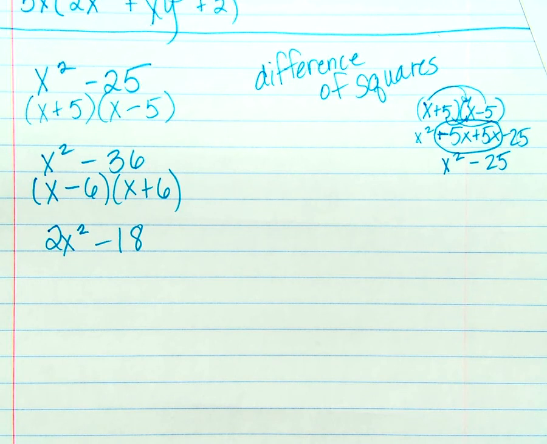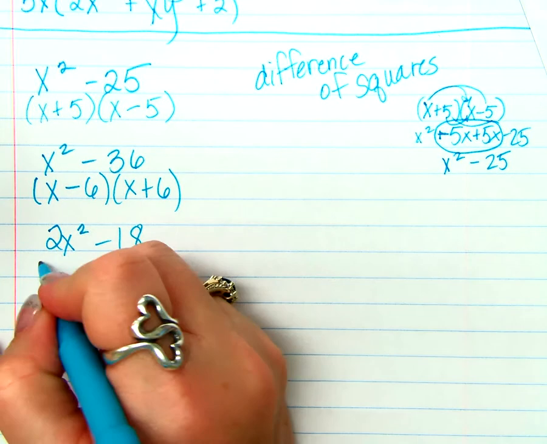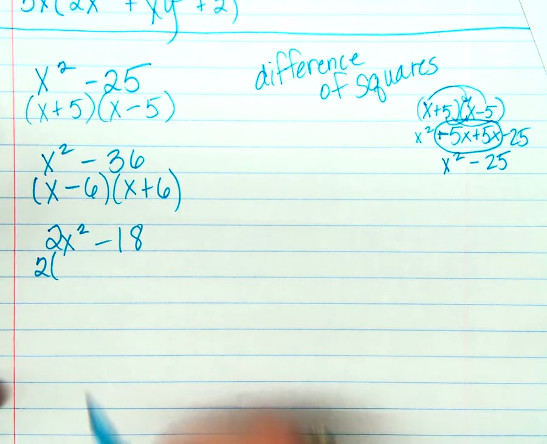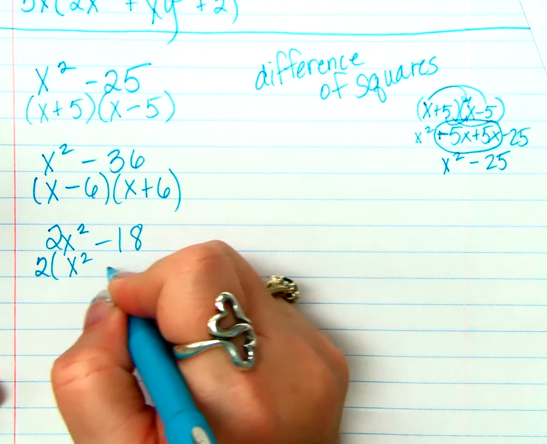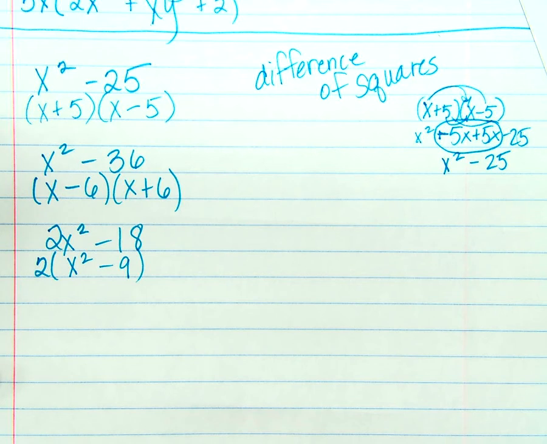Guys, the square root of 2 is not 4. So we should start with our greatest common factor. Neither of the other two that we've already done had a greatest common factor, did they? So if I start this problem by looking for the greatest common factor, then I end up with x squared minus 9, like you said.